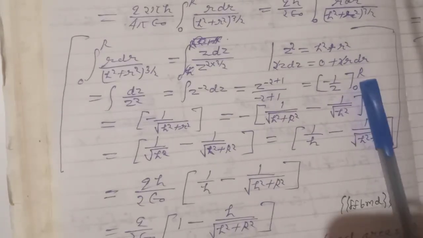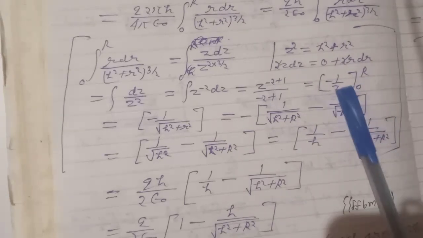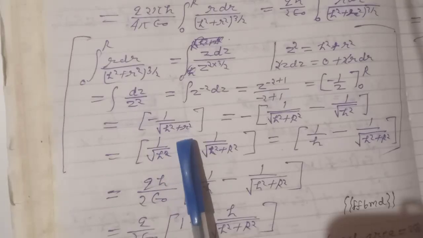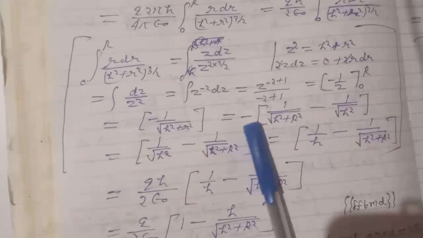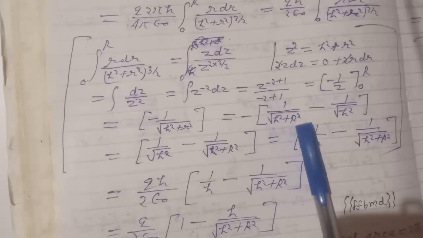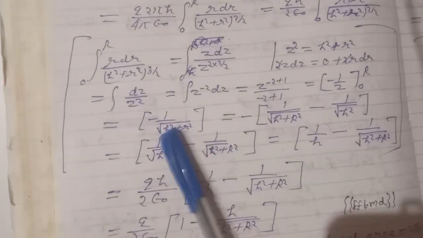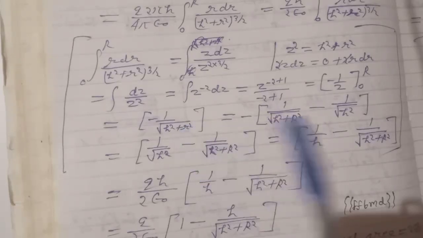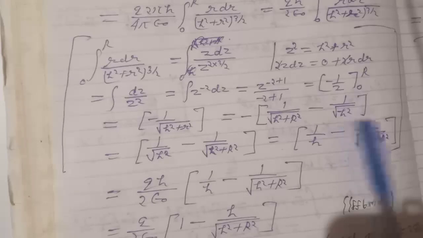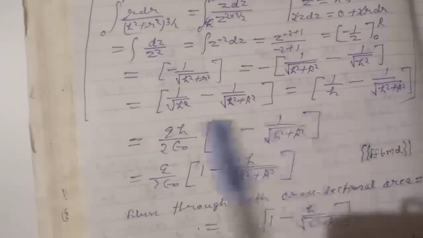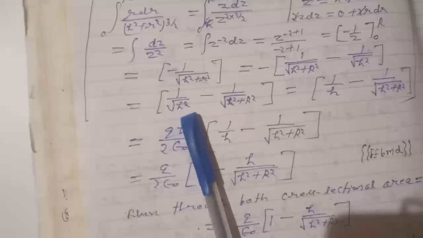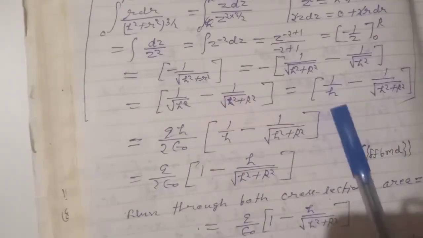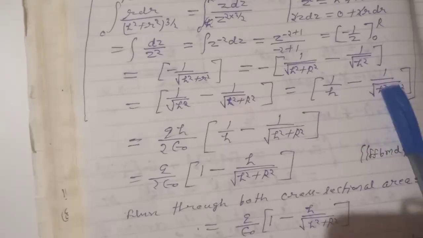Now putting the value, we have under bracket minus 1 by root under h square plus r square, and taking the limit minus of 1 by under root h square plus r square, because this is variable, this is not variable. So putting the value of r, minus 1 by root h square, or equals under bracket 1 by under root h square minus under root h square plus r square, or equals 1 by h minus 1 by under root h square plus r square.